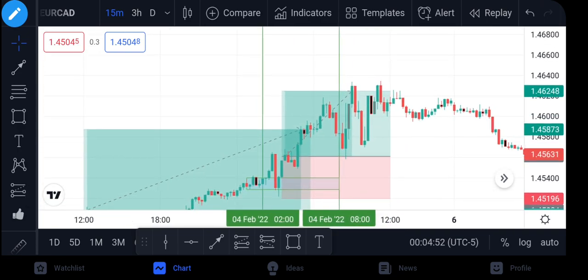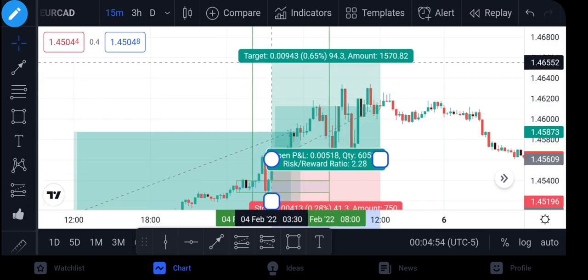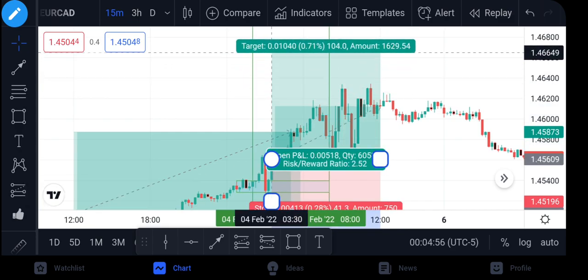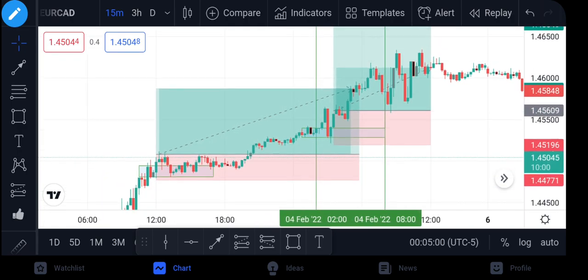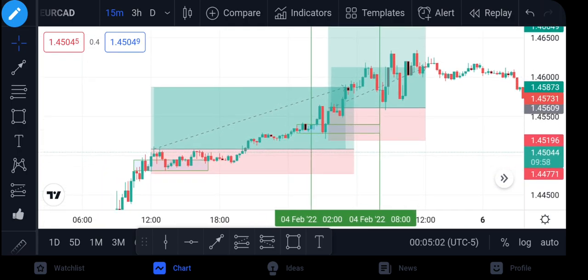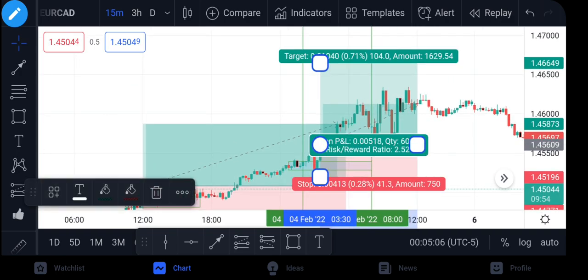So you see, this trade did not hit a 1 to 2.5, which is one of the reasons I always say that in trading there is no guarantee in everything. The first trade hit our 2.5, and the second trade did not.